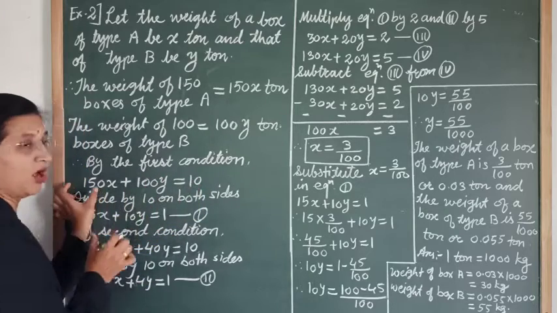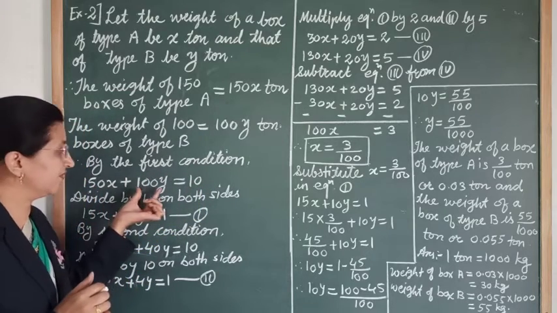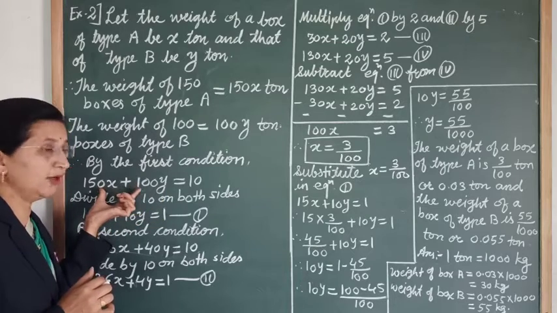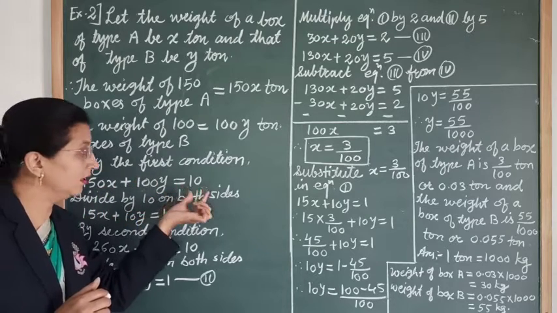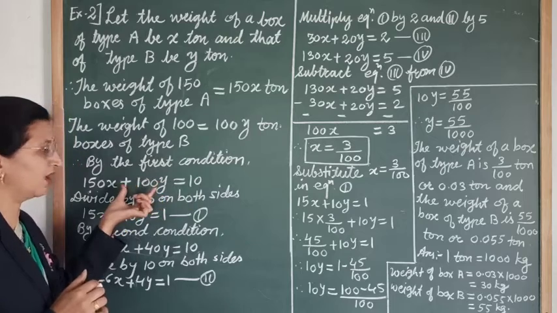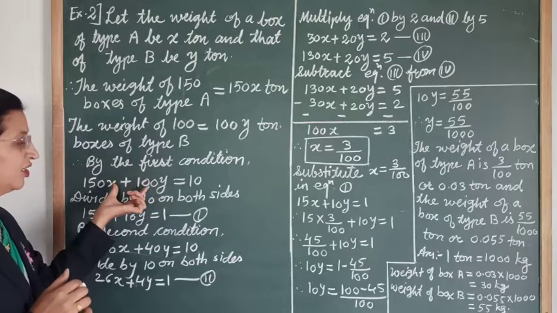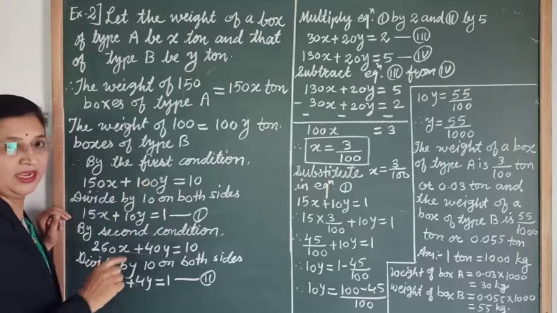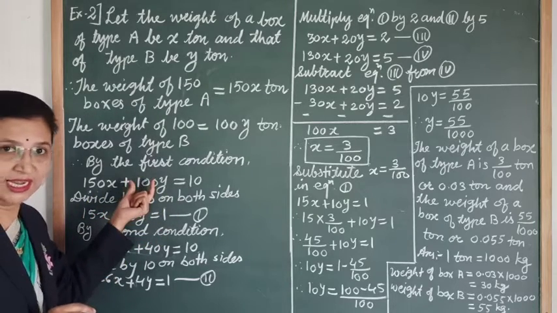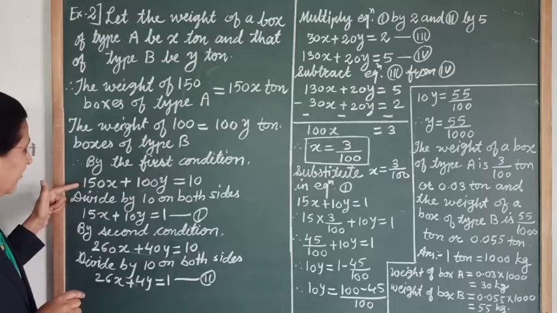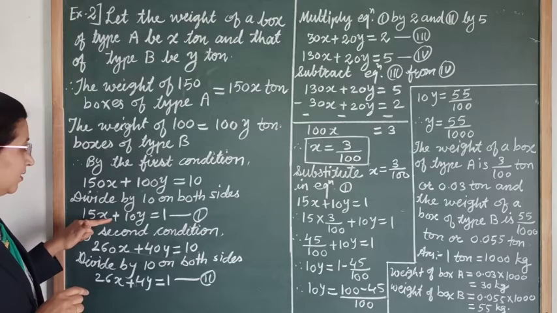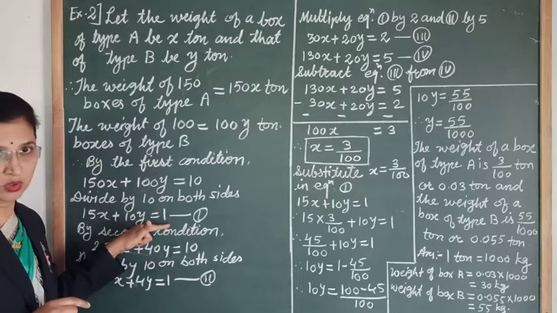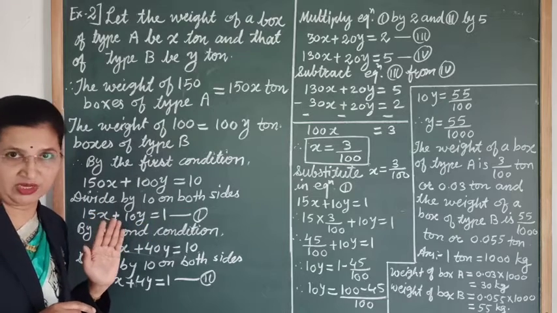So together the weight of type A boxes plus the weight of type B boxes, that total is 10 ton. Okay, so in this way from the first condition we got this equation. Now if we divide this equation by 10 on both sides, the equation gets reduced. So we'll get the equation 15x plus 10y is equal to 1. So this is our first equation.